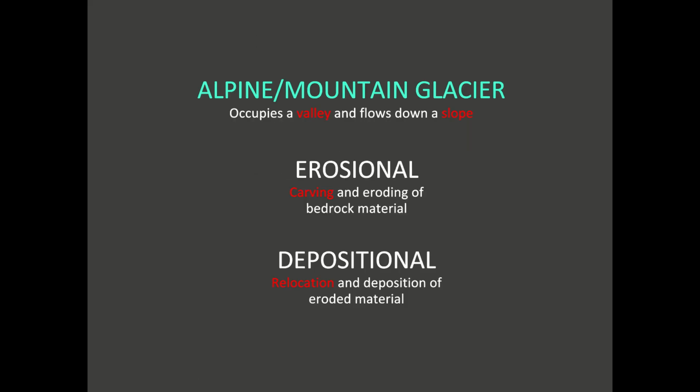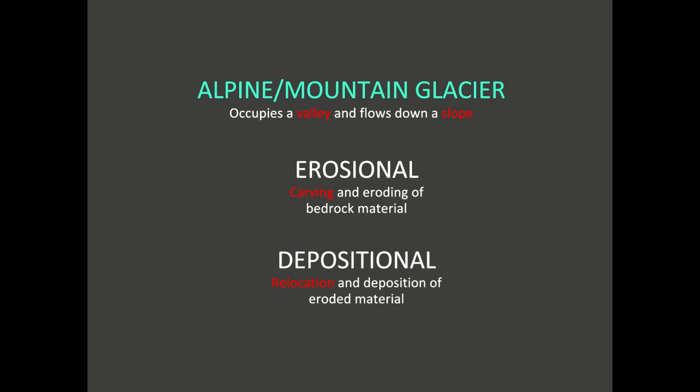So we're going to be talking about alpine glaciers, which are glaciers in the mountains, and this is in contrast to continental ice sheet type of glaciers that were around in the Ice Age, and we're not going to be talking about those in this lab.